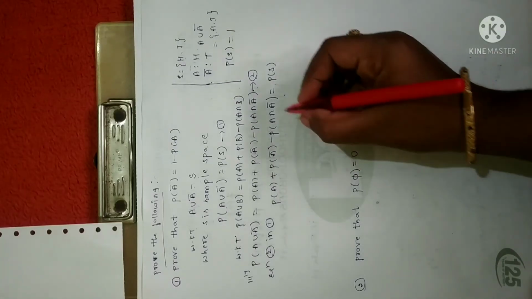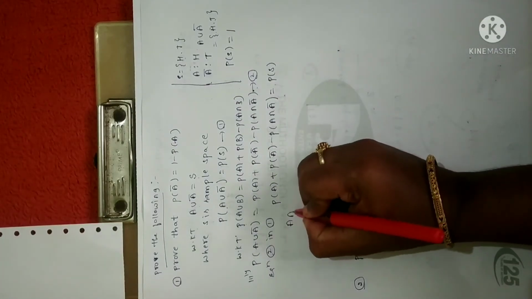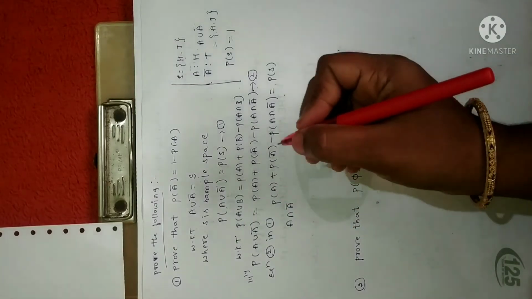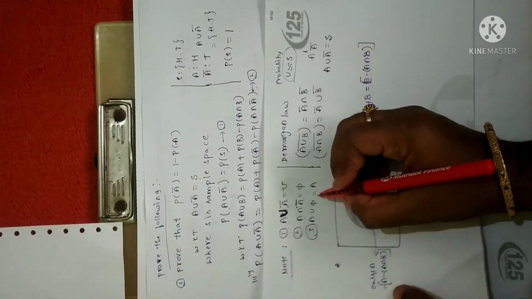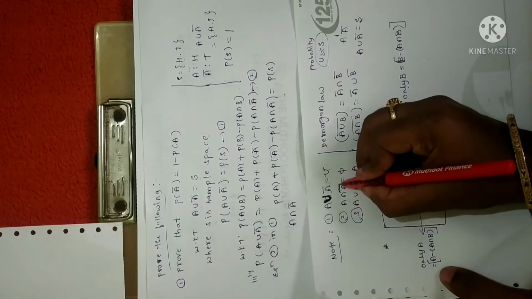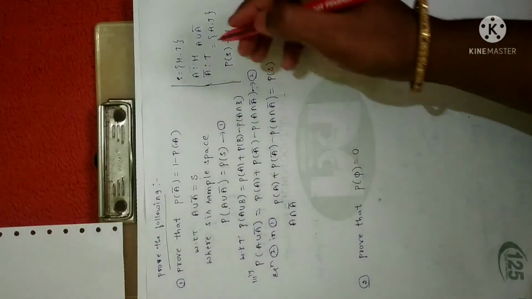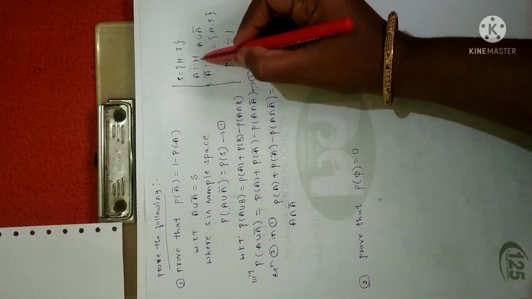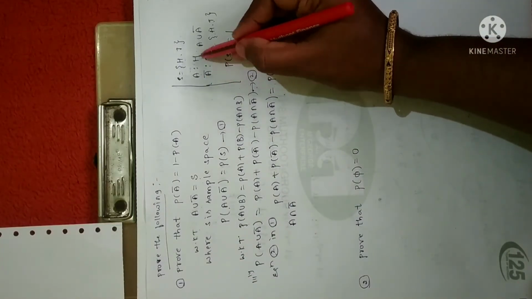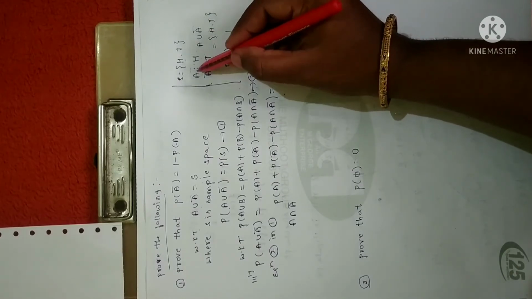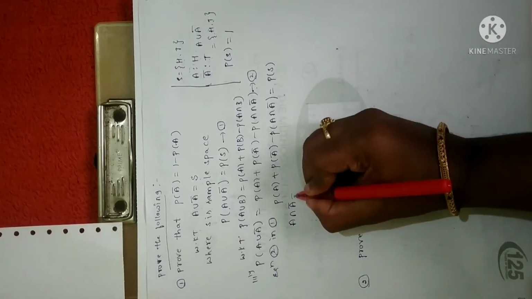Before that, what is the value of A intersection A bar? I have already told you at the beginning of this session. Whenever you take the intersection of a set with its complement, that is A intersection A bar, you will get the null set. Why? Because there is no common event. See here, if A is the event of getting head, A bar is getting tail. We don't have anything common between those two, right? So A intersection A bar is always equal to the null set.